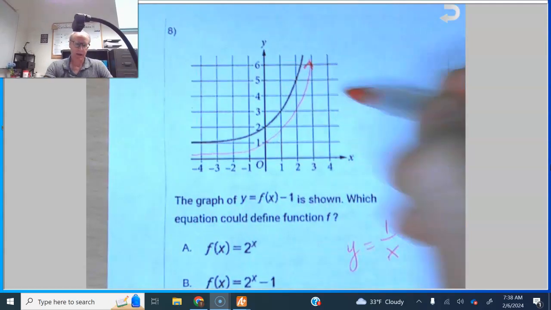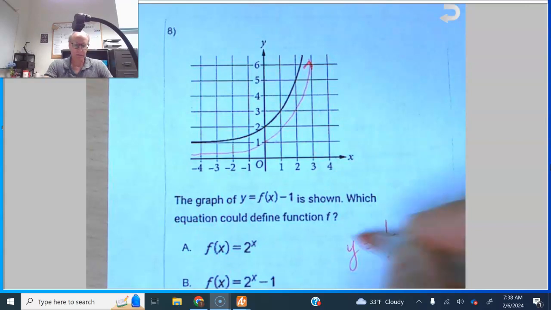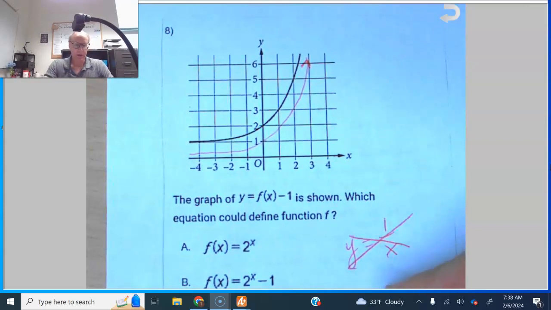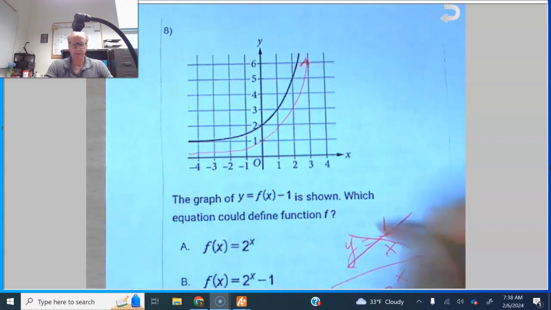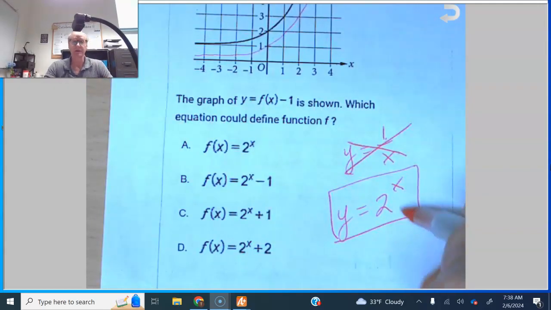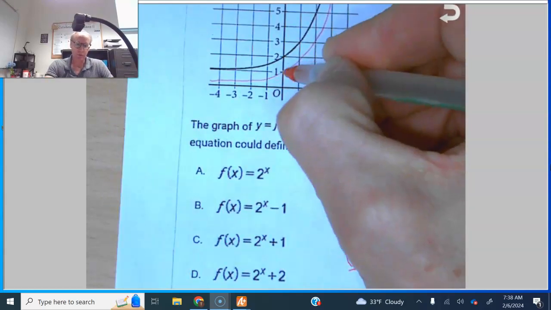This is an equation here where y equals 2 to the x. There we go. Not a reciprocal function, it's an exponential function. Y equals 2 to the x would be right here on this red one.